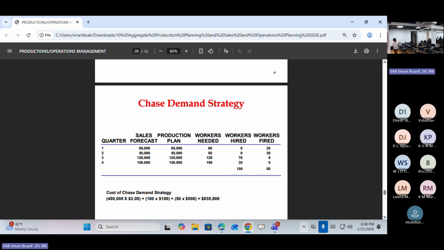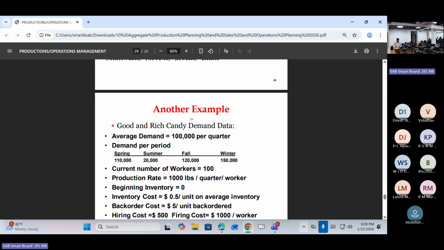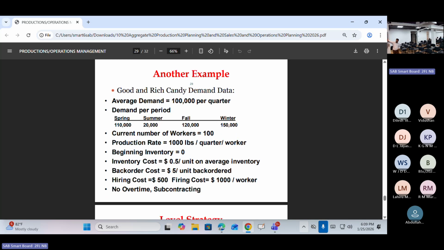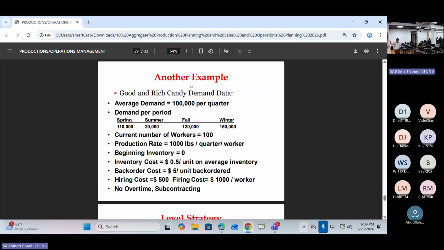We took a very simple example to get an idea, but real life questions or maybe even exam questions could be a little more complicated than this. Probably, as you see in the next slide, there is one example here. You may do it at home.